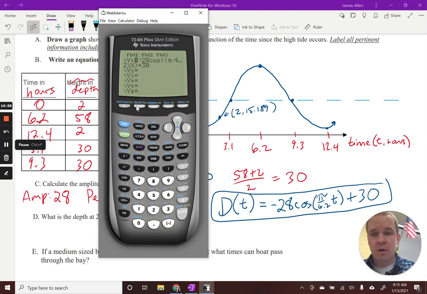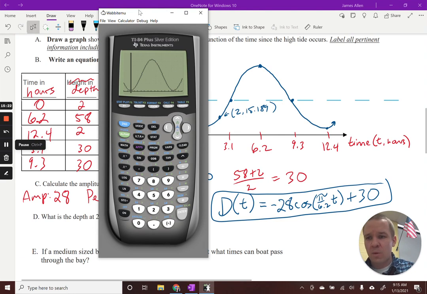In my window, I went with -2 for my x-min, just so I see the axis. And then I went with 15 because at 12.4, that's our full period, so I just went a little beyond that. For my y max, I went with 70 to go a little bit above our 58 foot depth. And I went with -2 again so I can see the y-axis. So you can see both my X and Y axis, lovely. Looks just like the graph that we have sketched.